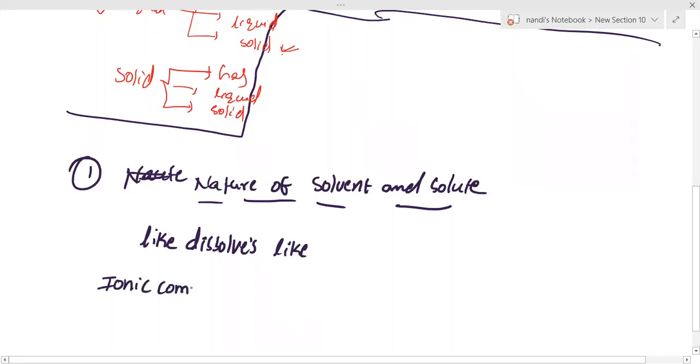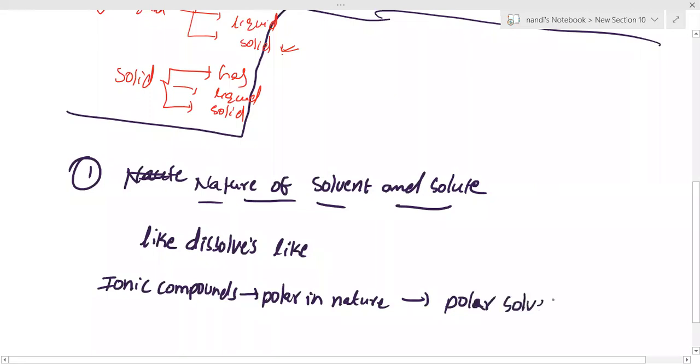Ionic compounds are polar in nature, so they can dissolve in polar solvents. Next, covalent compounds are non-polar in nature.